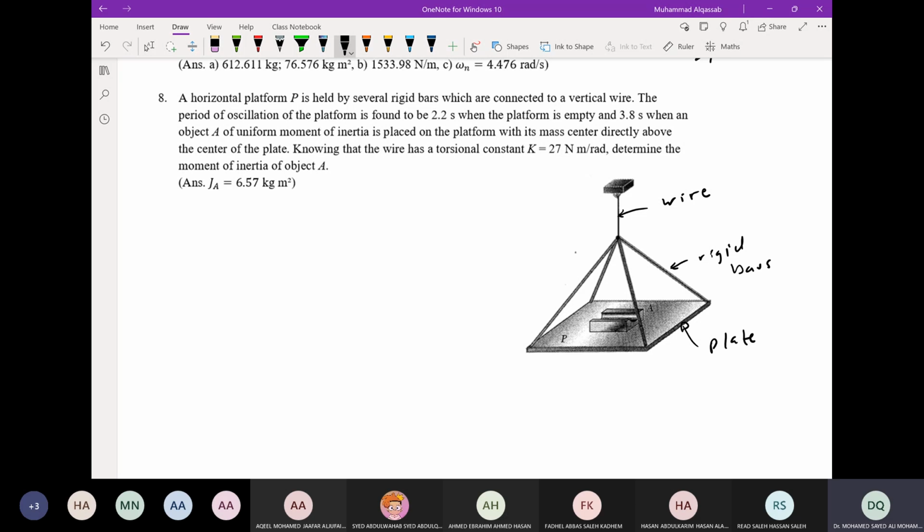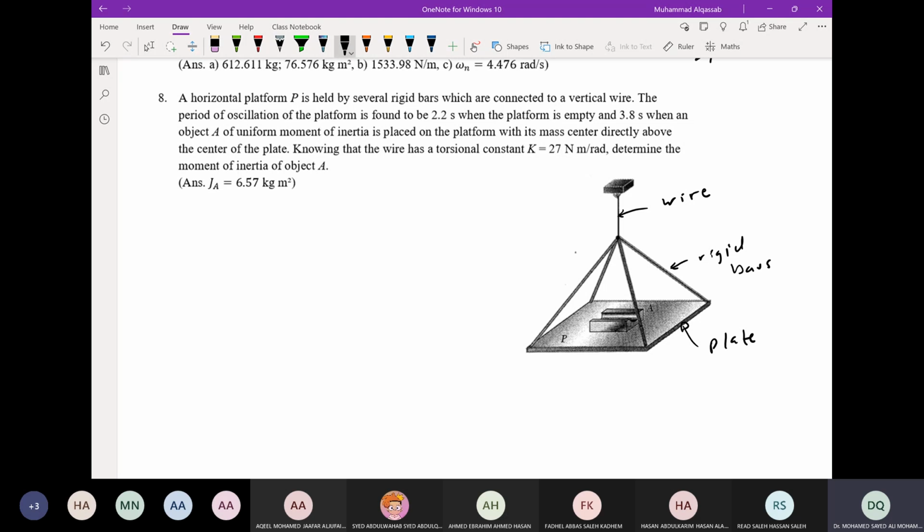The period of oscillation of the platform is found to be 2.2 seconds when the platform is empty. Empty means without object A. Okay, you have only the platform.